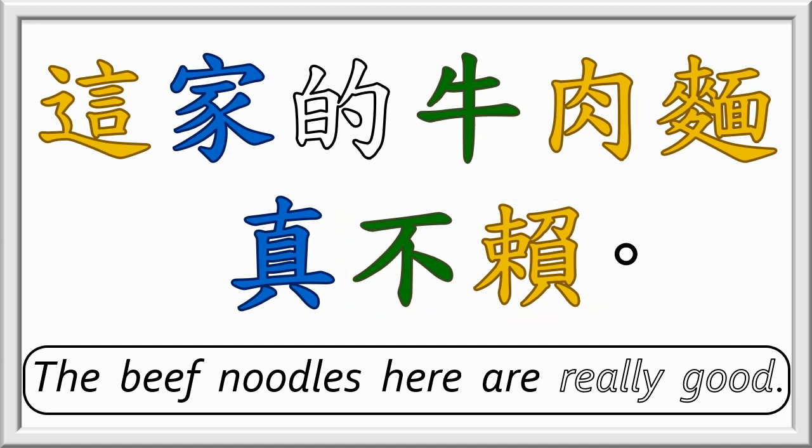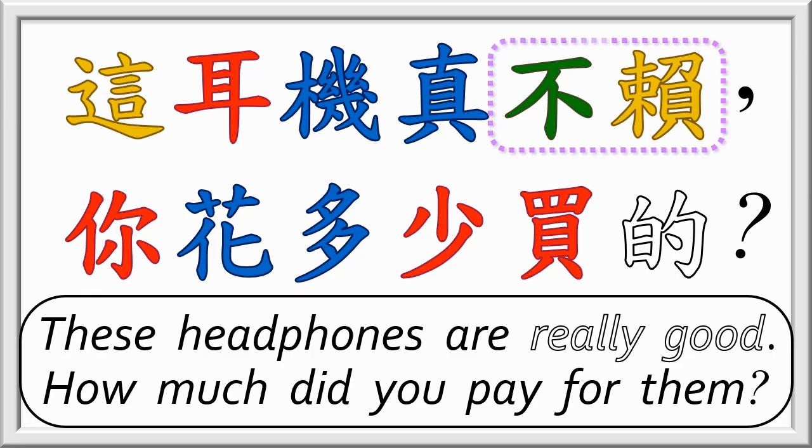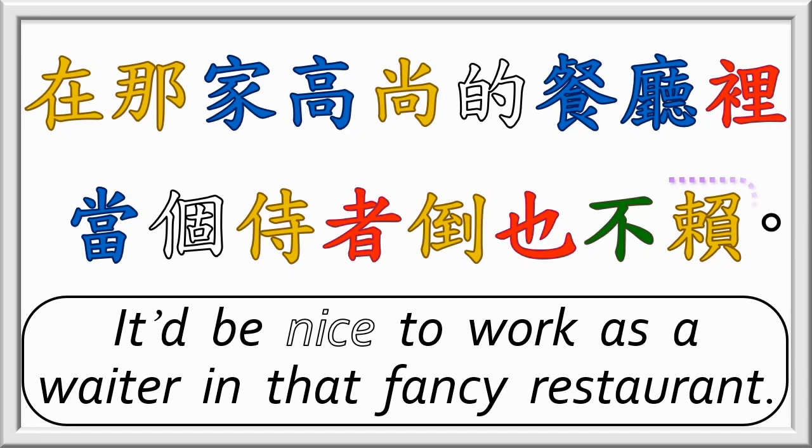The beef noodles here are really good. 这耳机真不赖. 你花多少买的? These headphones are really good. How much did you pay for them? 在那家高尚的餐厅里当个侍者倒也不赖. It'd be nice to work as a waiter in that fancy restaurant.